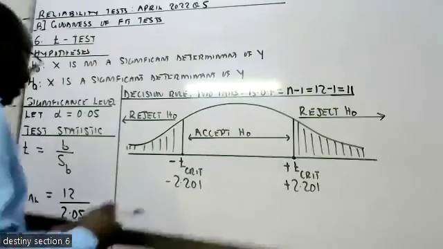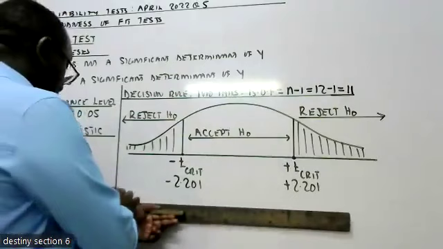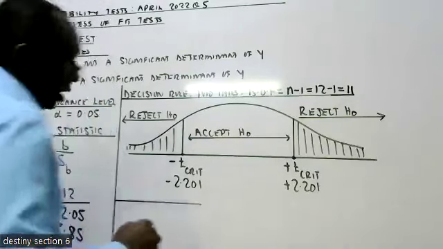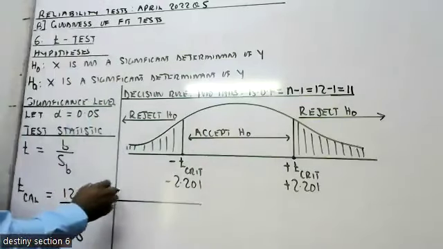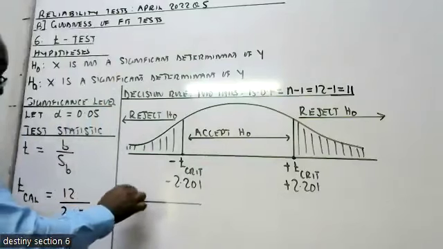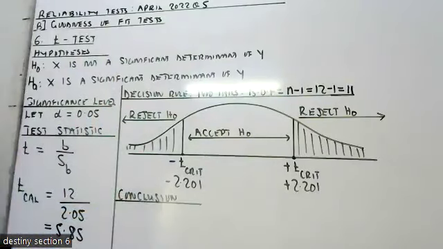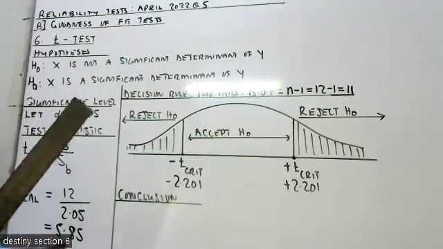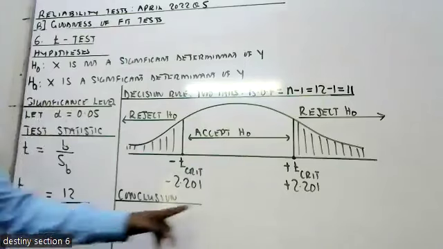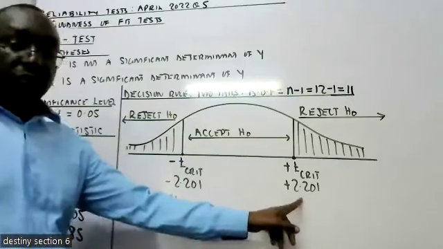So if that is the case, then we come here and make our conclusion. You compare the calculated and the rule. You can see now it is more than 2.